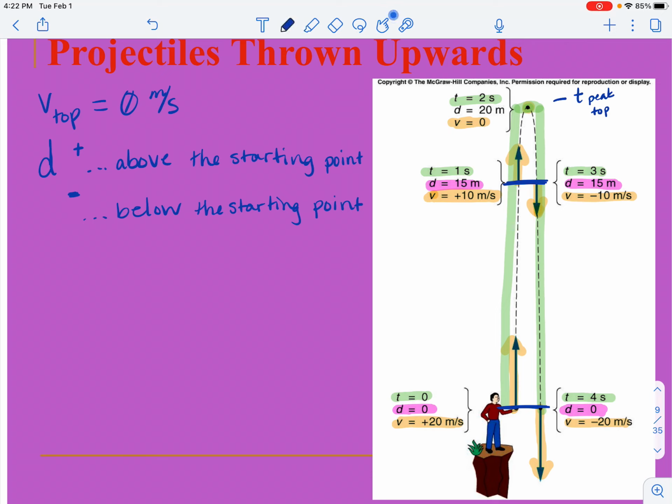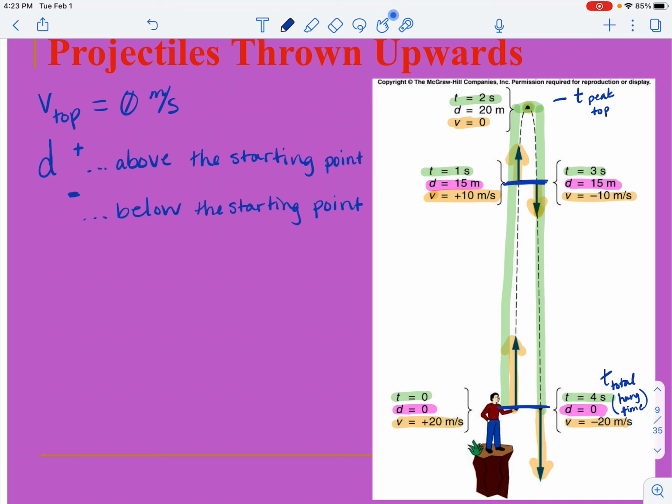So we would say that my object spent a total of 4 seconds in the air. Sometimes you will see this referred to as hang time. And that's a phrase that a lot of times students don't know what we're referring to. Hang time is the total time, okay? So in this particular example, my object had a total time of 4 seconds in the air.